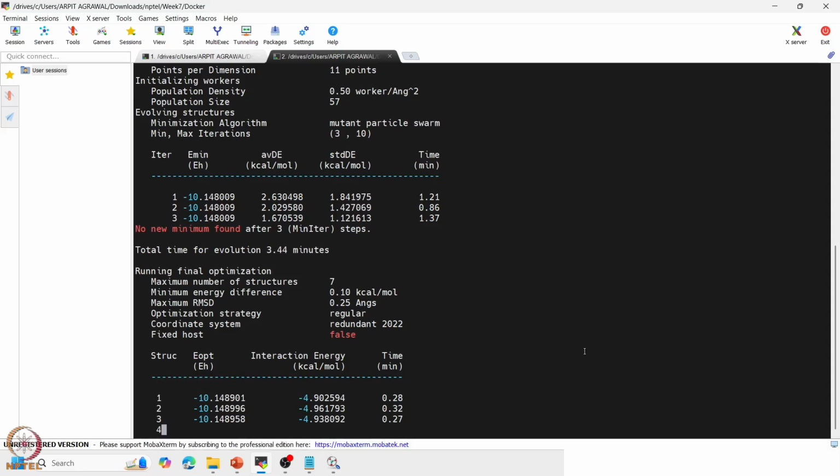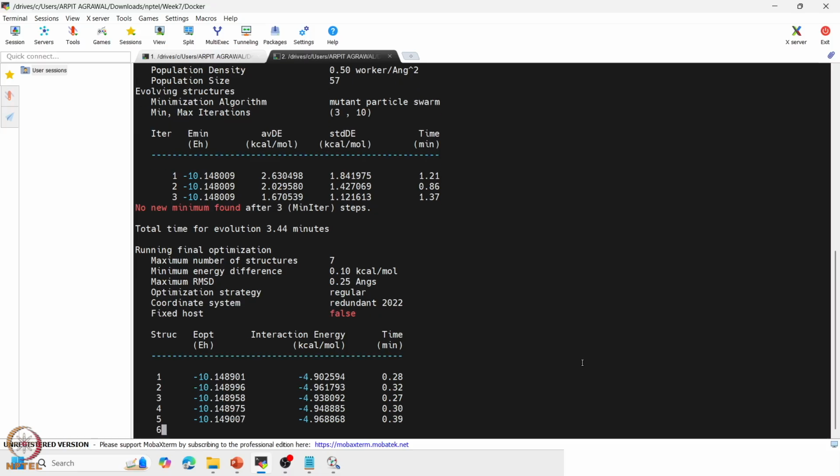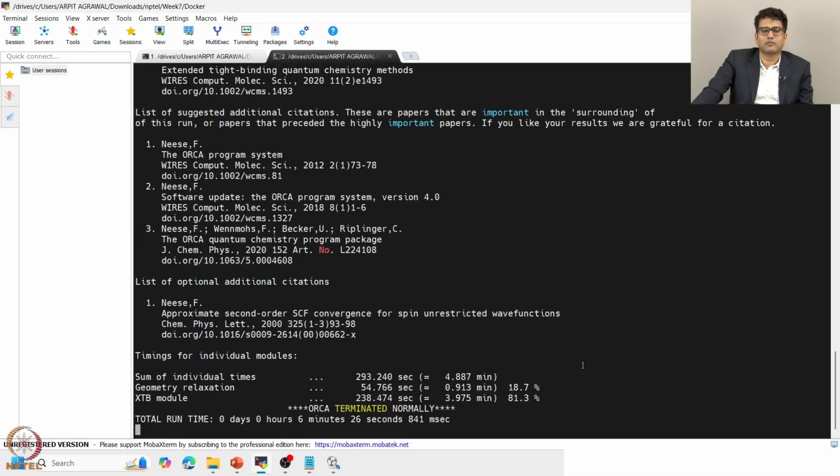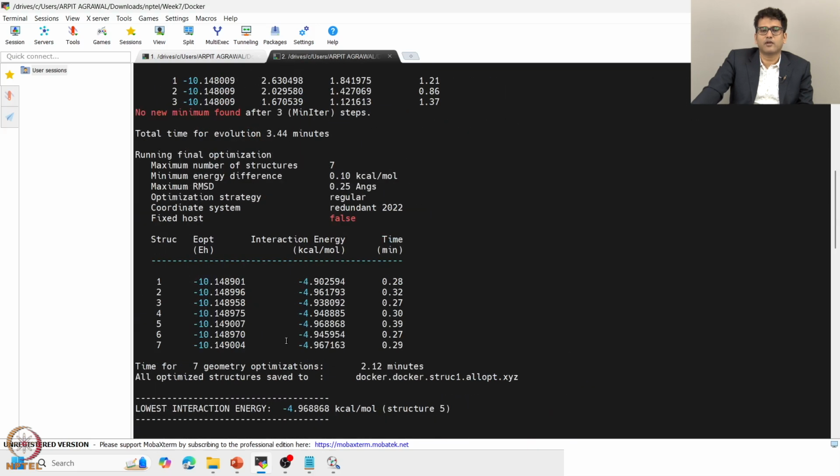I believe there will be a total of 7 structures, 2 more. So, it took a total of 6 minutes, and all the optimized structures were saved to the all opt folder, and the lowest interaction energy is actually structure 5.